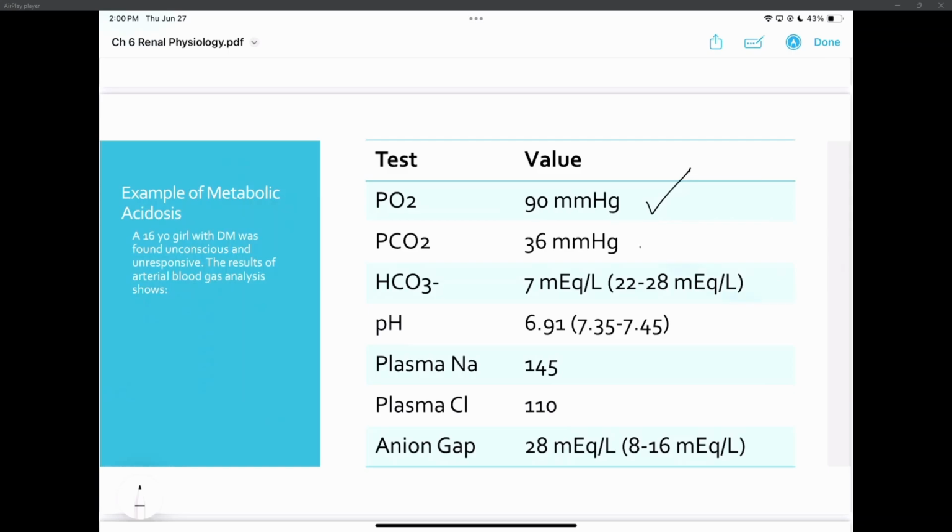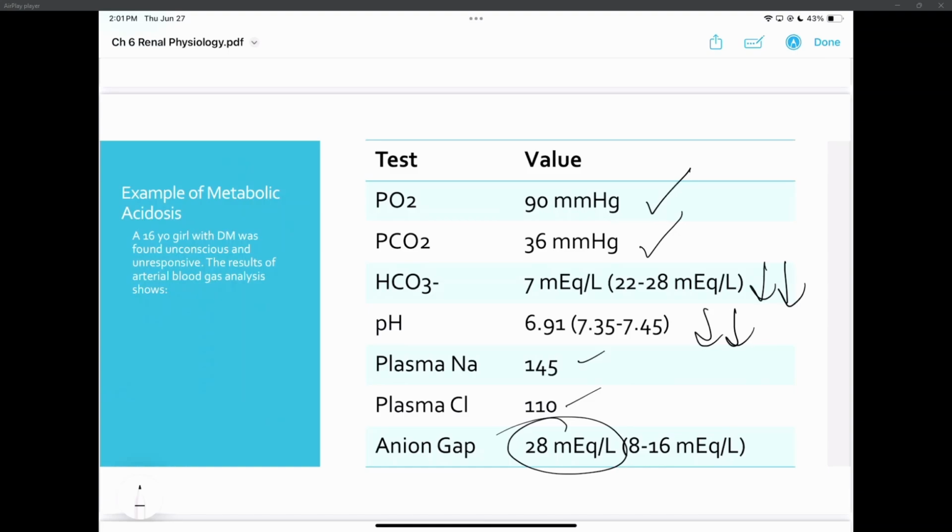Normal, it's okay. Bicarb, really low. pH, low. Plasma sodium is okay, chloride's okay. Anion gap, high. We have something else going on with this patient.